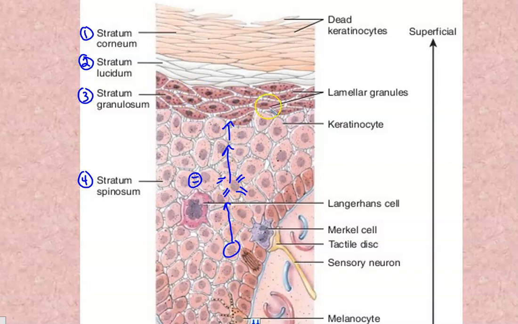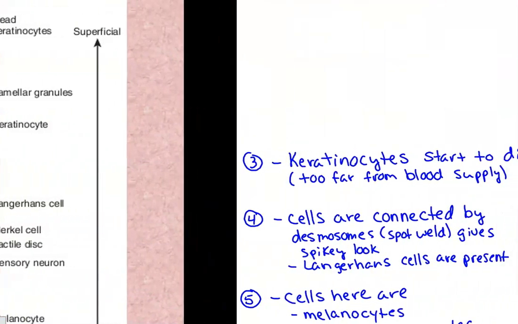That's why they're starting to flatten out. They still have the desmosomes, which first started in spinosum. They're filling up with keratin and starting to die here. As we get to these two stratums, you want to put a star by these two. They are dead. These are dead layers, which is why they're so flat. Those are our dead keratinocytes.